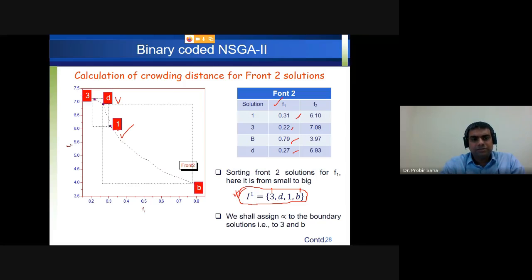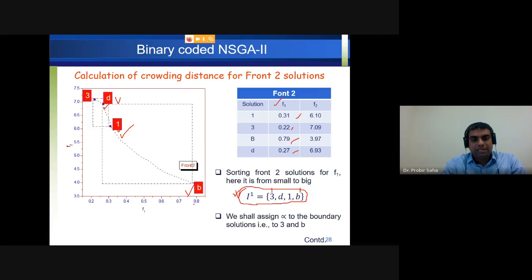So for example, if I take solution 1 and I want to find out the crowding distance, what are the neighboring points? Neighboring solution is D and neighboring solution is B. So I will draw a cuboid and the vertices will be the corresponding adjacent neighboring solutions.